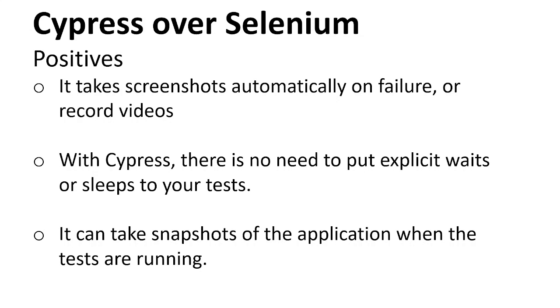It is not there in Selenium as of now. Also, as I mentioned, in Selenium we use waits for synchronization issues. With Cypress, there is no need to put explicit waits or sleeps in your test. And it takes snapshots of the application while the tests are running.